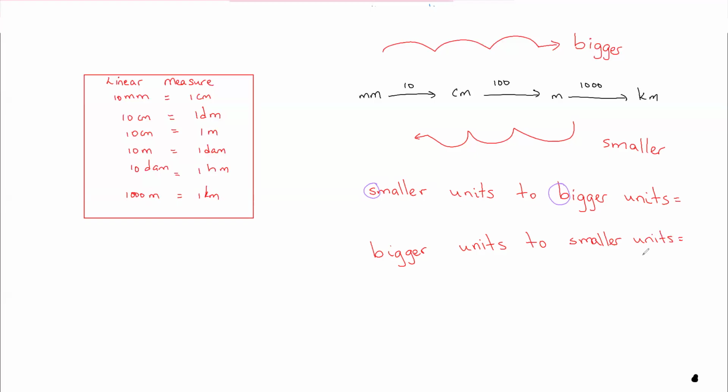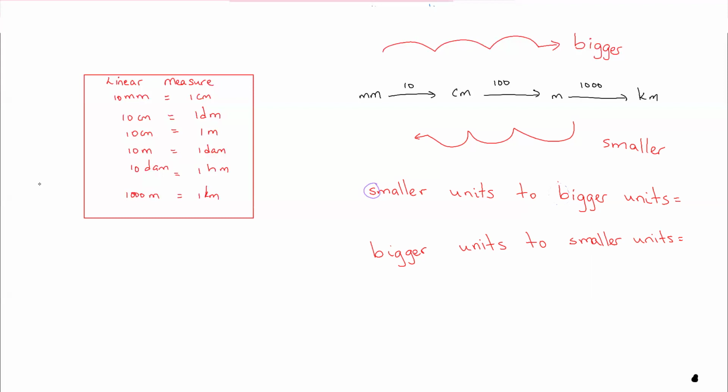Now here's how I remember it. If we are moving from a smaller unit to a bigger unit, the rule is smaller to bigger, we divide. And if you go the other way, meaning bigger units to smaller units, we multiply.